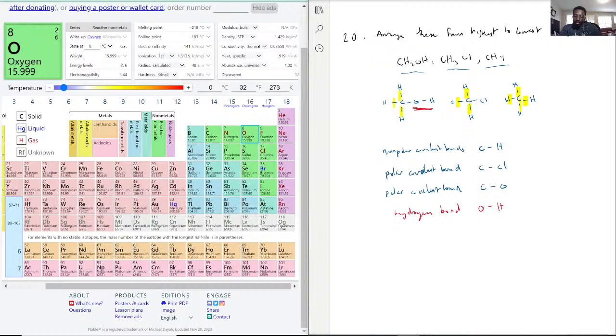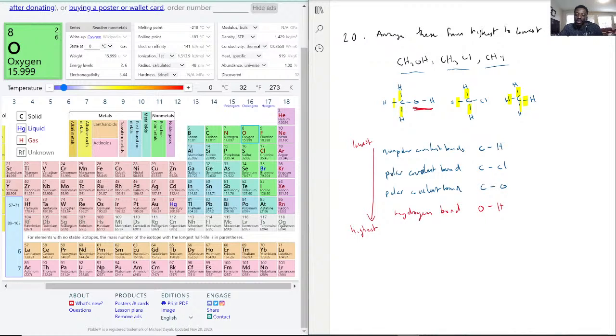The reason I wrote it like that is that as we go down this list, it goes from lowest to highest energy, as in the hardest ones to break are at the bottom. Non-polar covalent bonds break apart relatively easily. So the higher the energy you need to break it apart, the higher the boiling point.